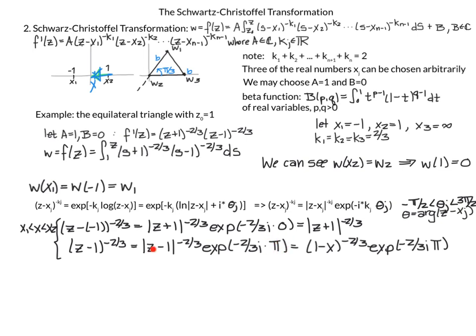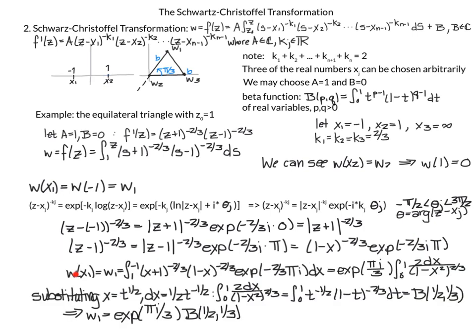So this then becomes, there's one other thing to know. When z is between negative 1 and 1, the absolute value of z minus 1 is simply equal to 1 minus x. That's how this transformation came about, because we're on the interval between negative 1 and 1. So this gets converted to 1 minus x to the minus 2/3 e to the minus 2/3 i pi.